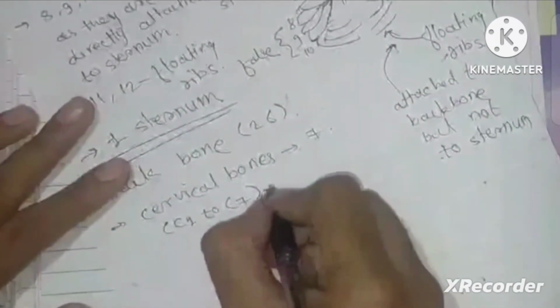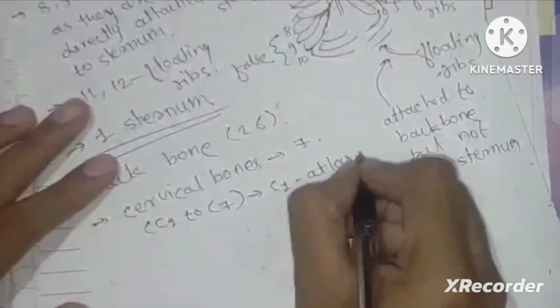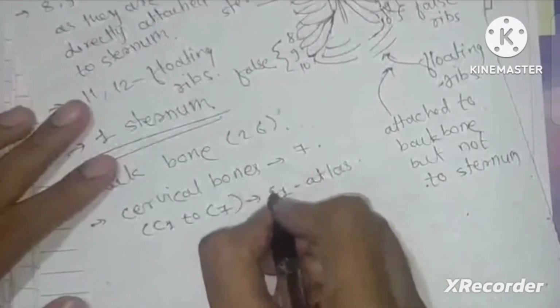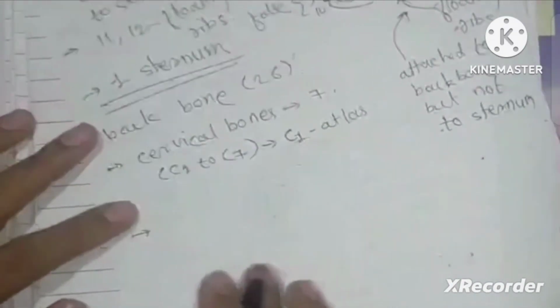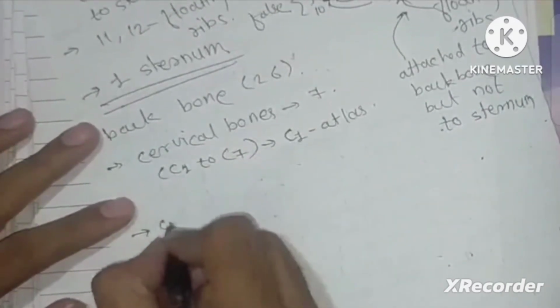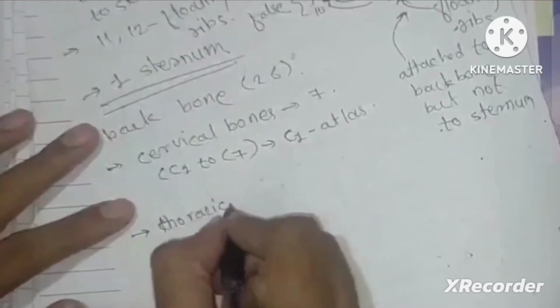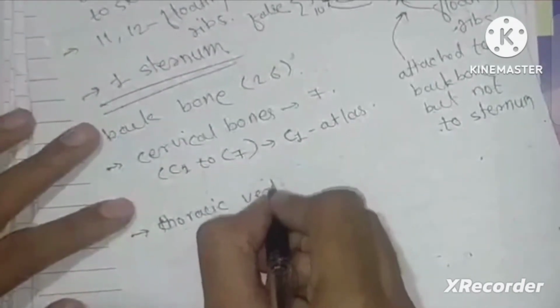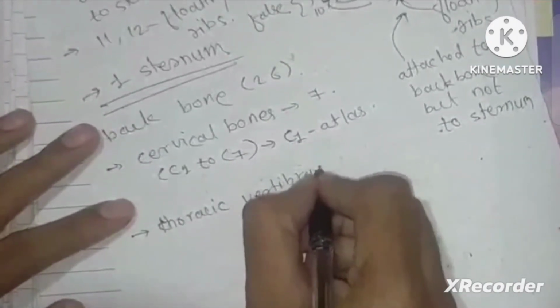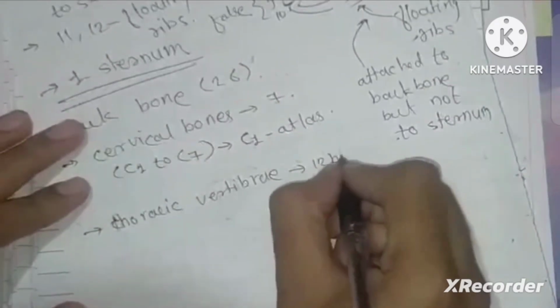C1 is known as atlas. Then our thoracic vertebrae. These are total 12 bones in the thoracic vertebrae.